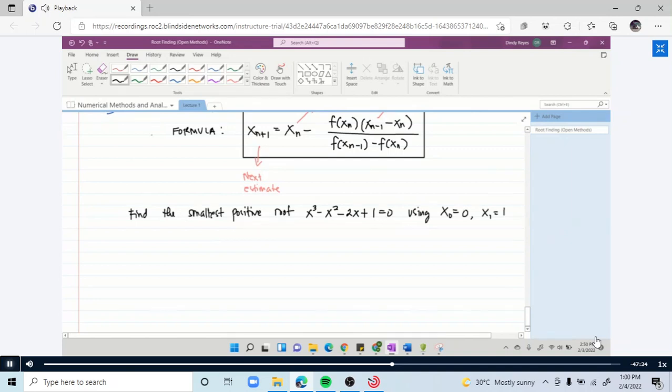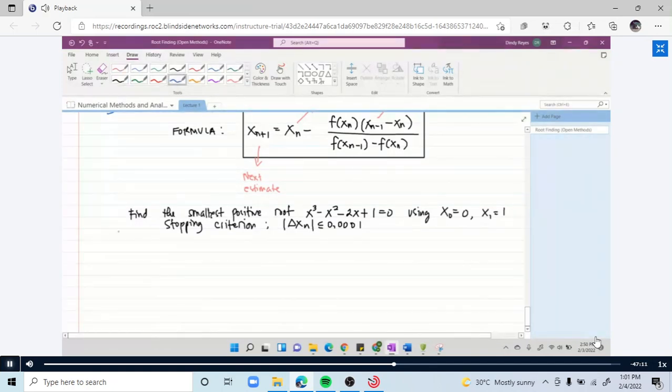Right? So now, ang table natin, so again, with the same stopping criterion, absolute error is less than or equal to 0.0001.